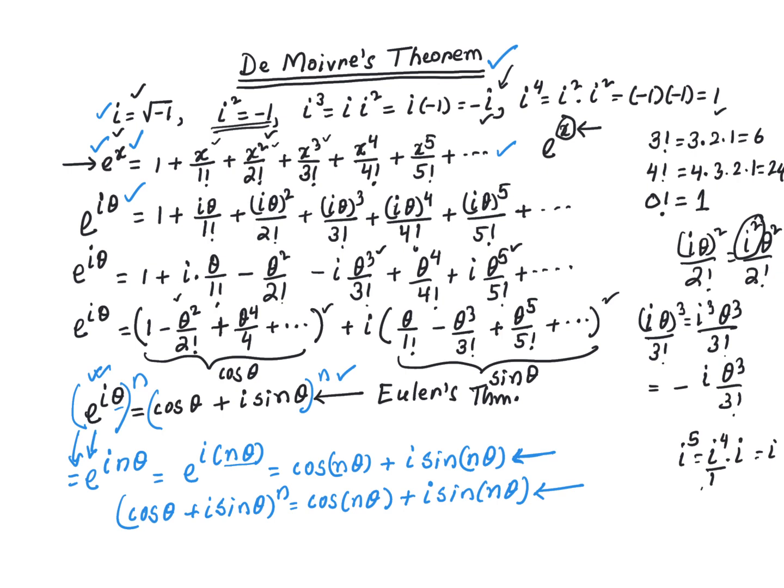So I take e to the power x, and instead of x, I replace it with i theta, and I do the simplification, and I come up with series expressions for cosine of theta and sine of theta. From that, I derive Euler's theorem, which is e to the power i theta equals cosine theta plus i sine theta. Then I raise both sides of this equation to the power n, a positive integer. Then the left-hand side, I simplify to get this expression, which should be equal to the right-hand side. And that leads to de Moivre's theorem.